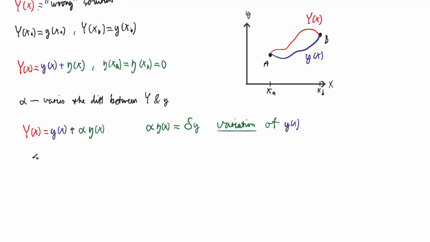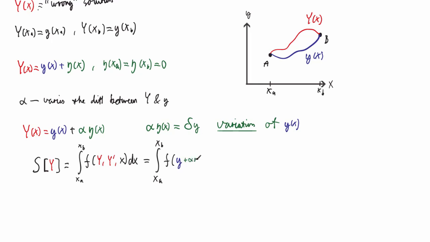So let's now write down the functional again that we're looking to optimize. We have S of capital Y, and that's equal to the integral of f of capital Y, Y prime, as well as x. All right, we can rewrite that like that.